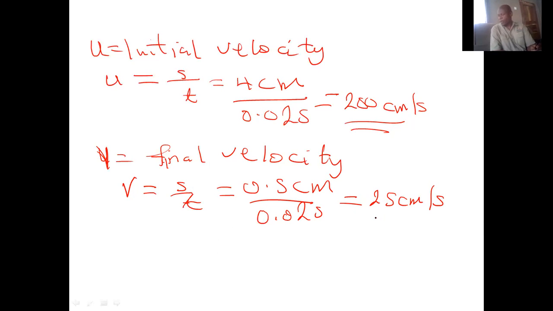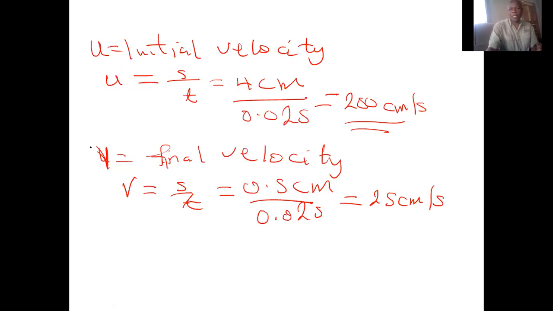So what we need now is to find the number of ticks, so that if we know the number of ticks, we can find the time from the initial velocity to the final velocity.